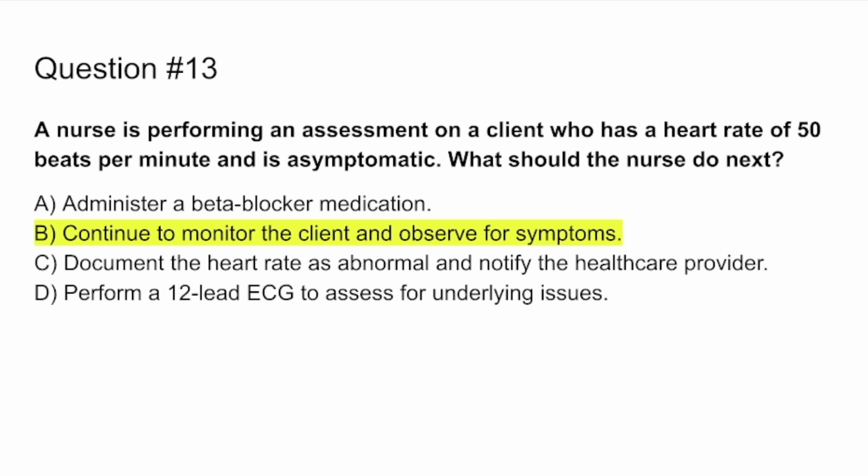Their heart doesn't need to work as hard to give them that blood around their body, right? And it says they're asymptomatic, meaning this patient is alert. They're not showing any signs of distress, but the heart rate still is low. So we want to monitor the client and observe for symptoms. And if you do have a patient like this, you might want to ask questions like, do you work out? Are you an athlete? Things of that nature.